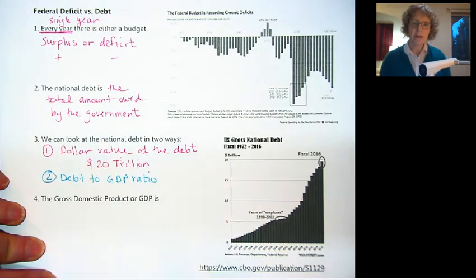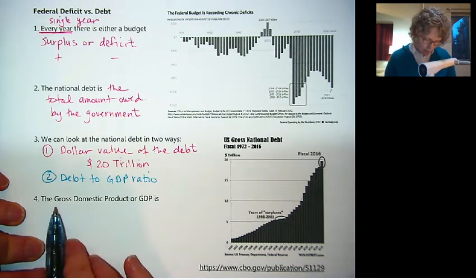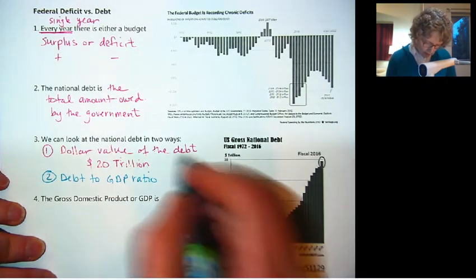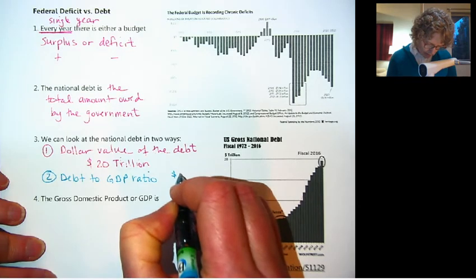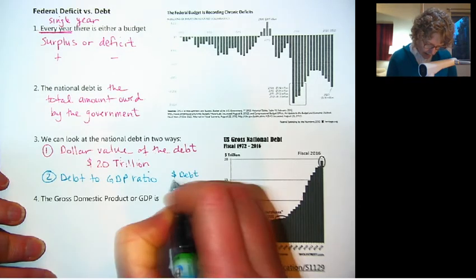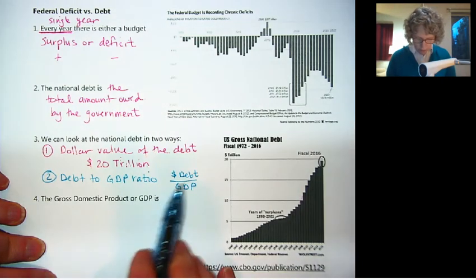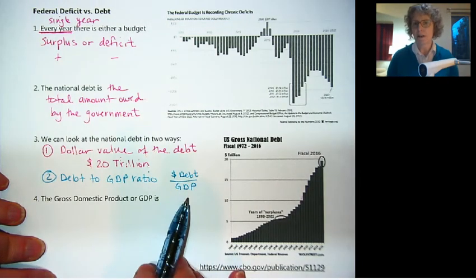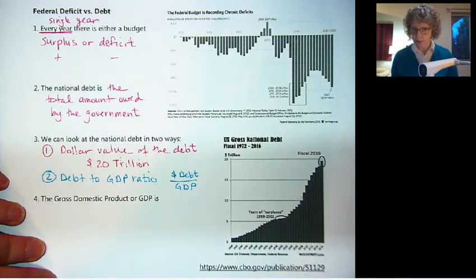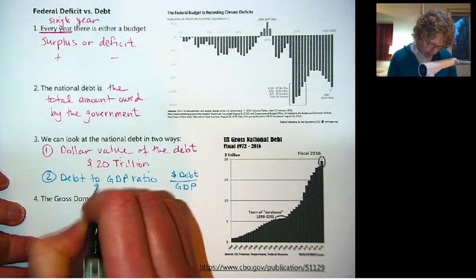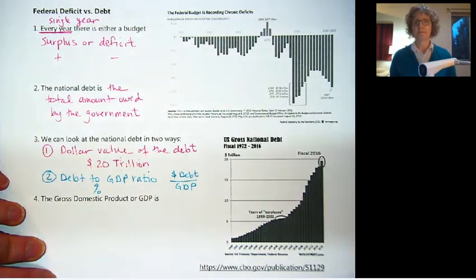I'll talk about GDP in a second. It stands for gross domestic product. So if we take our total debt and divide by the GDP, that is the overall size of the economy, the value of the economy, then we get a percentage. So this one is a dollar value, this one is a percentage.